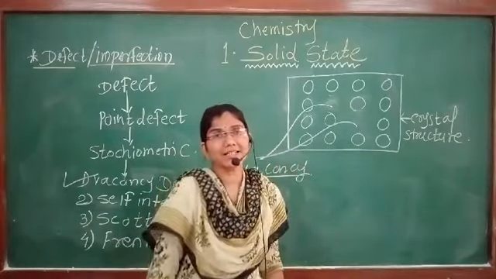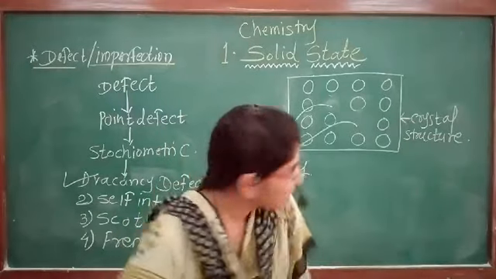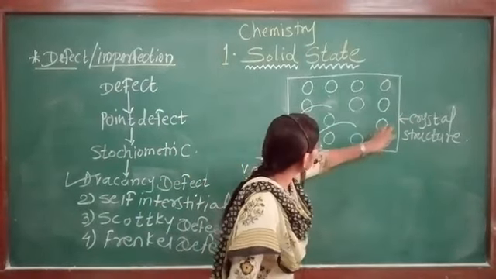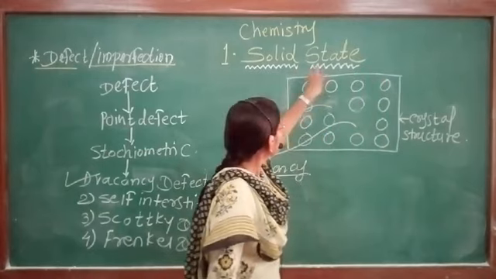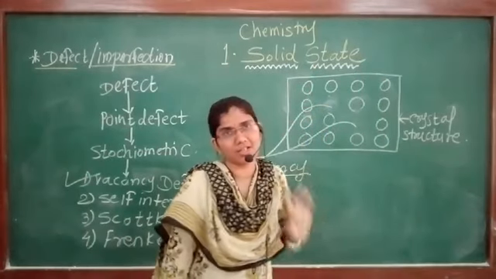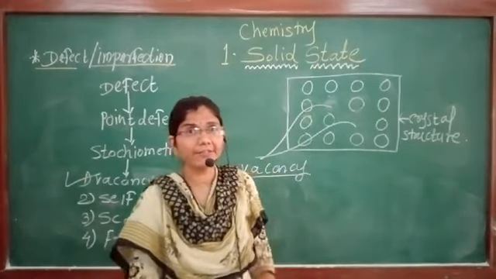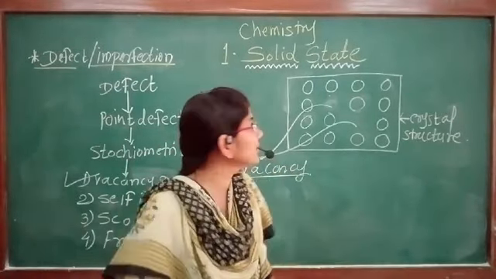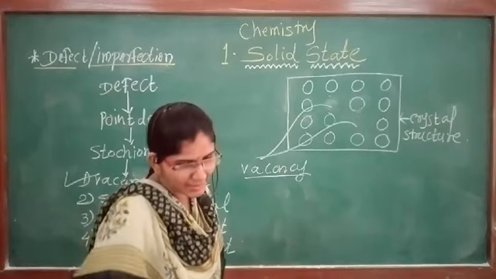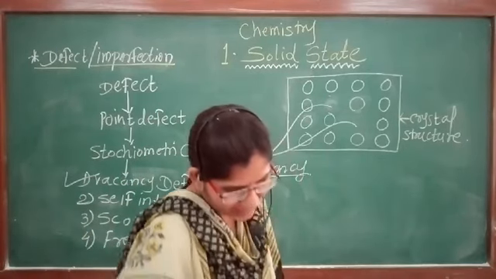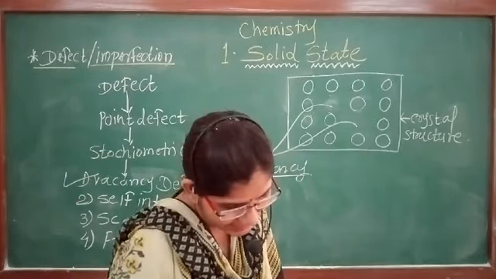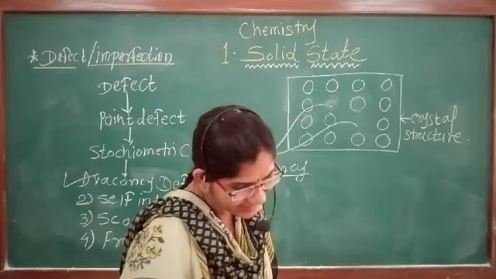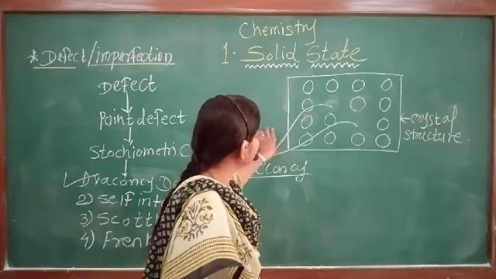They lose their regular site, because these are the sites of each and every particle in the crystal structure. In the vacancy defects, during the crystallization process, what happened? A particle is missing from its regular site in the crystal lattice, and this missing particle creates a vacancy in the crystal structure.